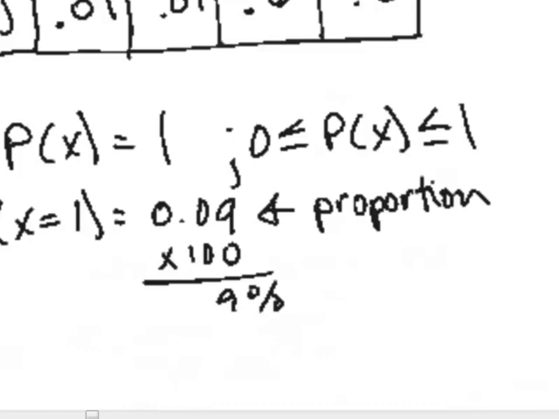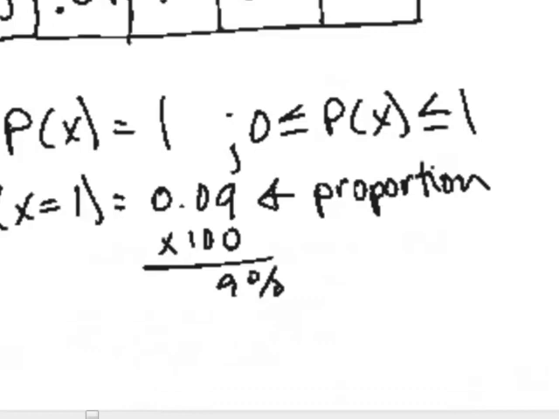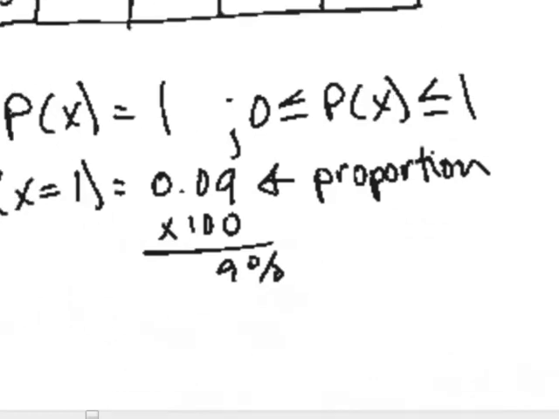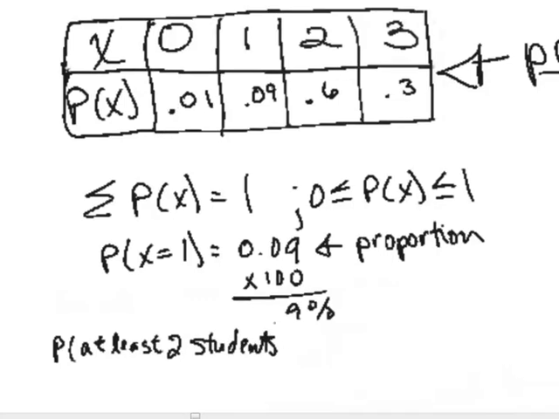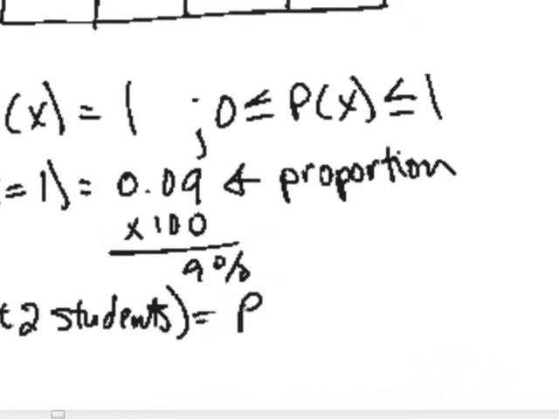Let's see, you can be asked at most or at least. So let's say there's a probability that at least 2 students come through. So that would be the probability that X is greater than or equal to 2, right?